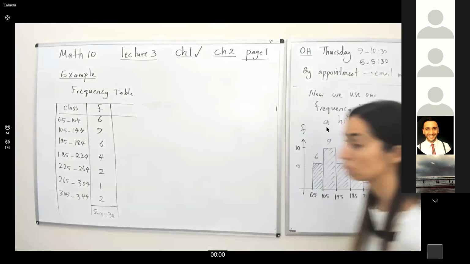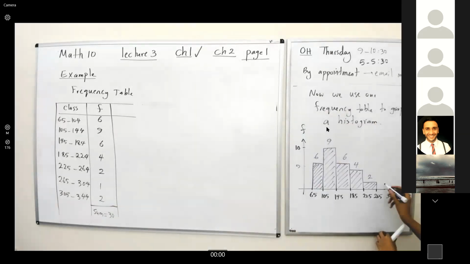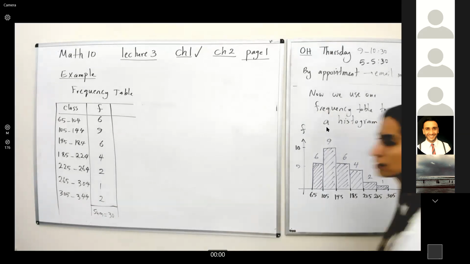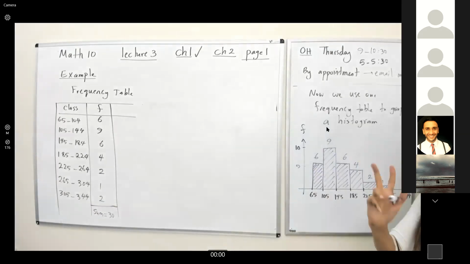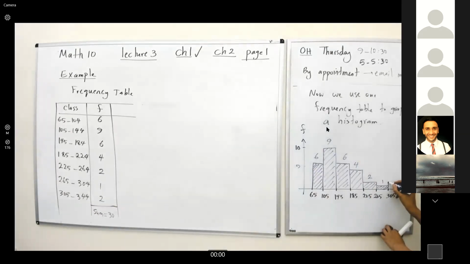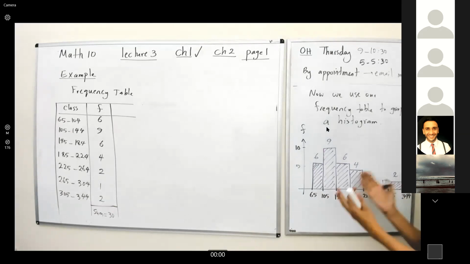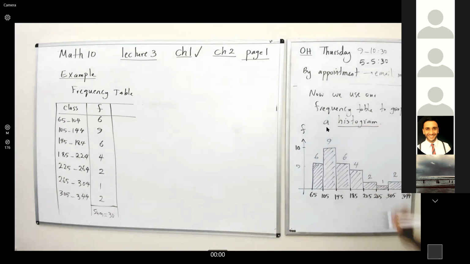Then my sixth class has frequency 1, so it's going to be here. And finally, I have a class with frequency 2. This is called a histogram with 7 classes: 1, 2, 3, 4, 5, 6, and 7 classes.